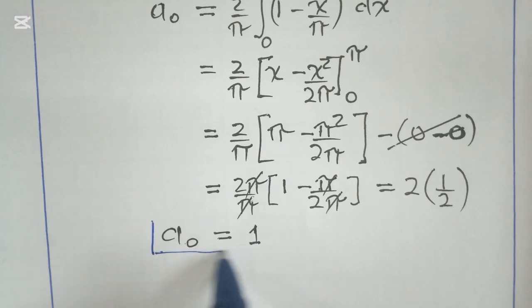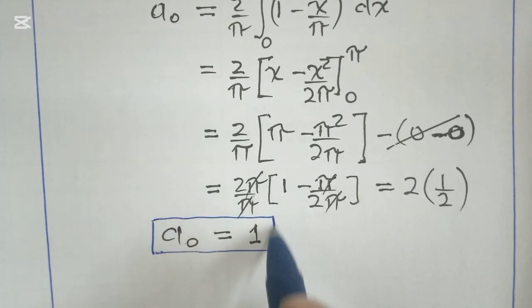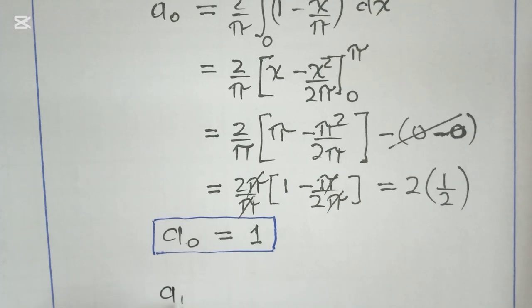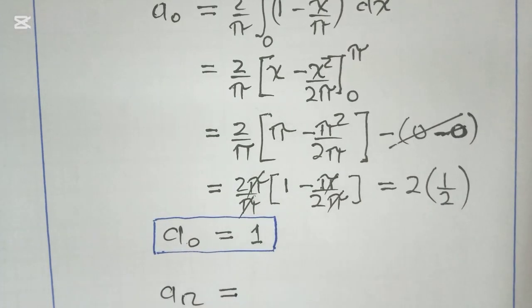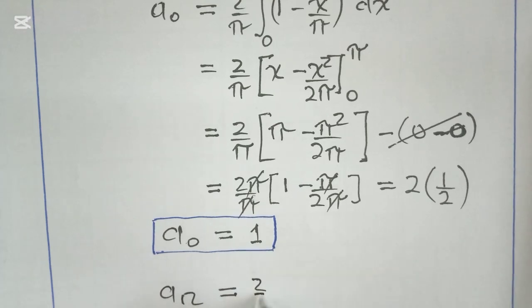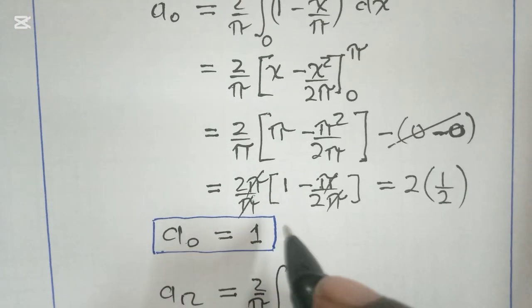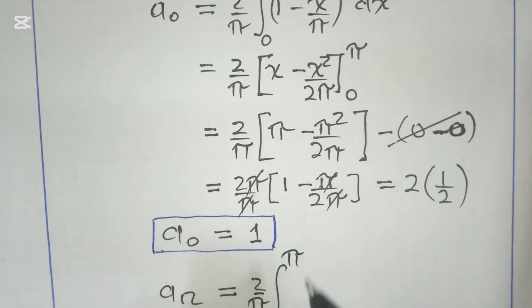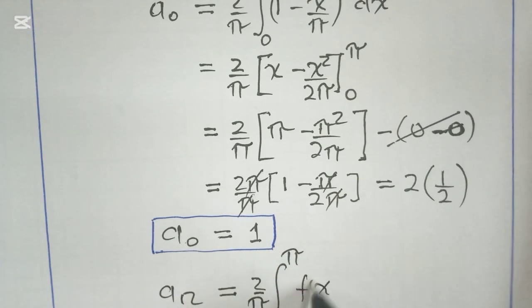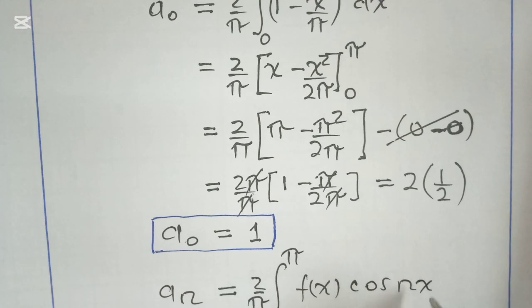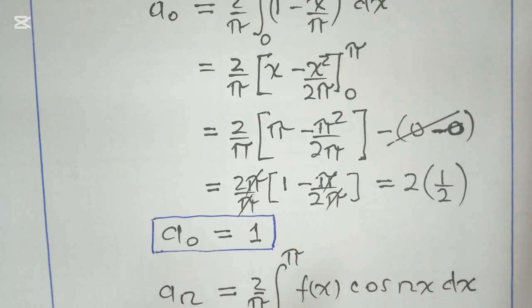So now coming to AN. For our AN we have 2 all over pi, integral from 0 to pi, f(x) cos nx dx.